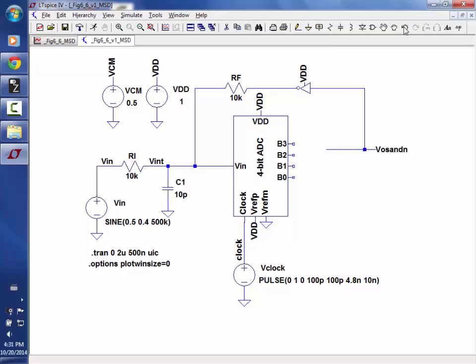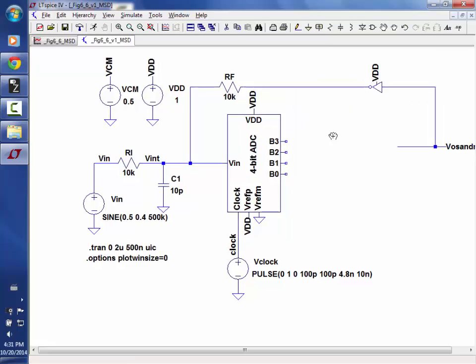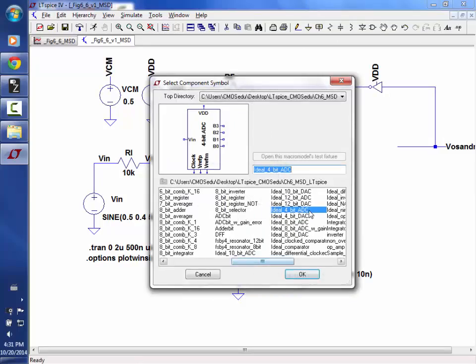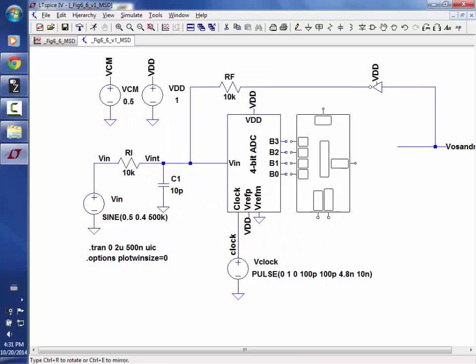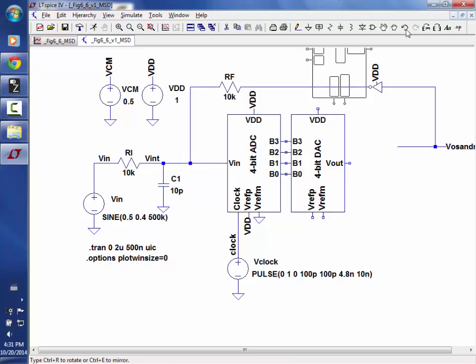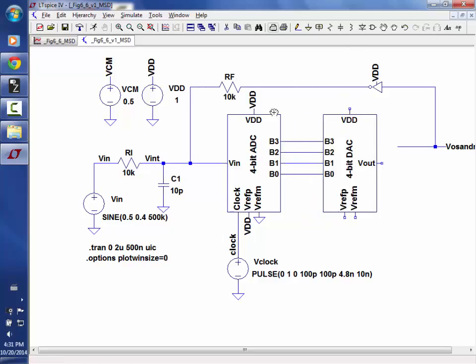All right, so I'm going to go grab this, and then I'm going to grab the DAC. And why don't I do that, and then we'll do a little stretching, and then a little copying. And again, a little stretching.